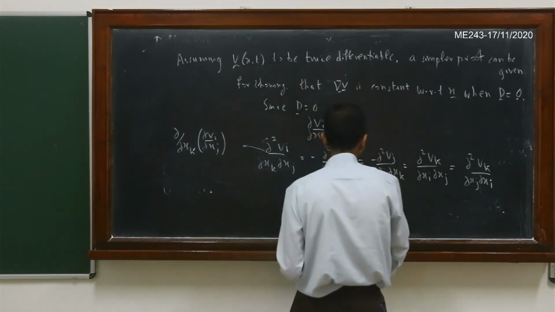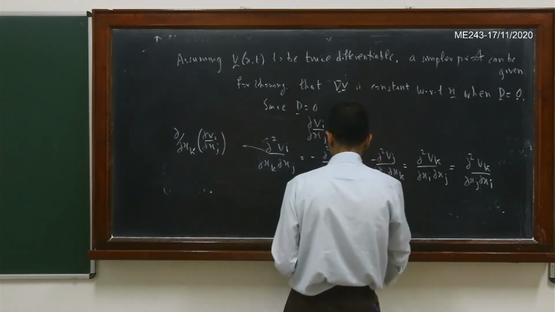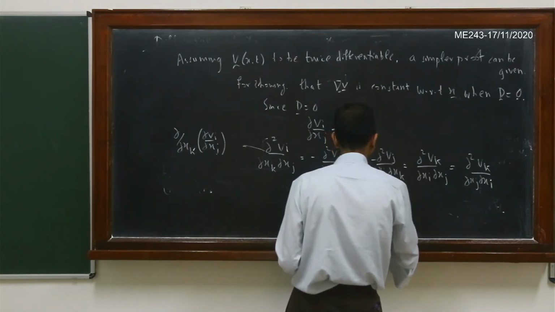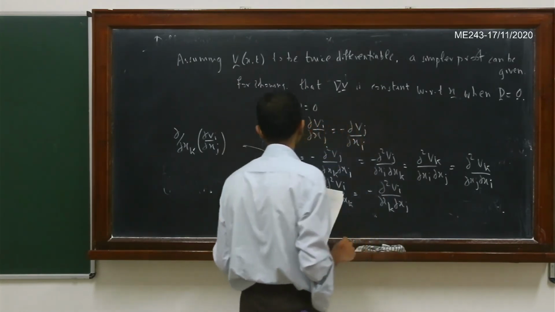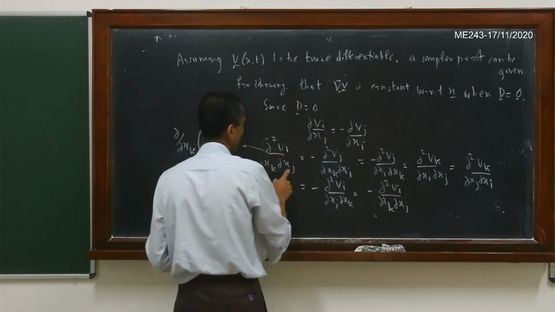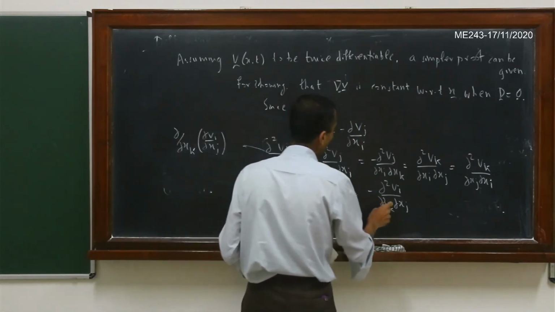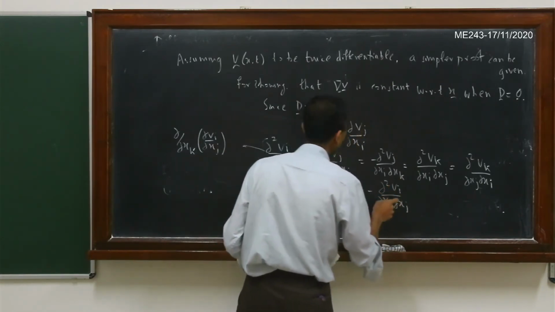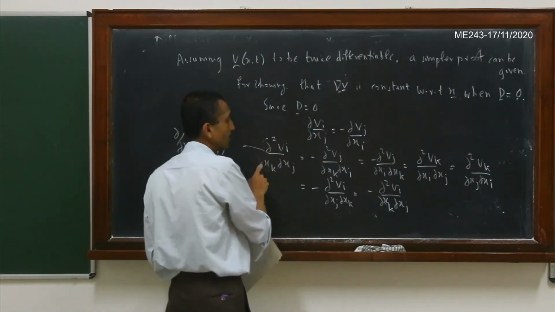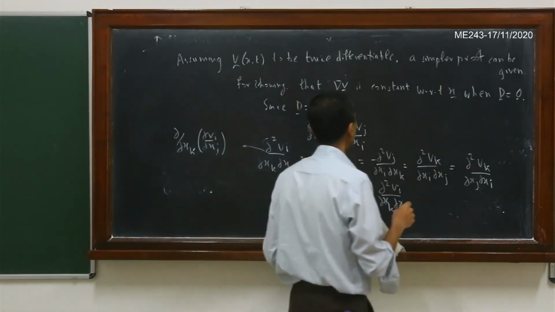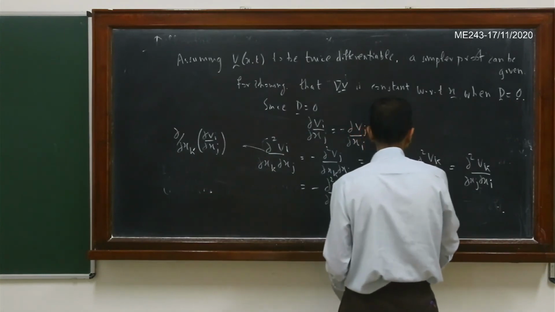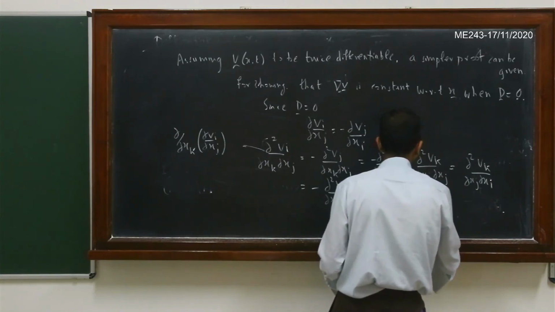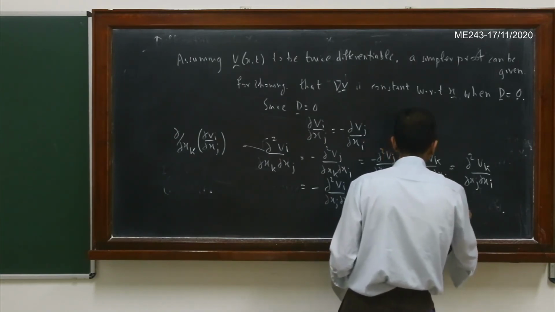So what we have shown is that del square vi by del xk del xj is minus of del square vi by del xk del xj. So basically this object is equal to 0. So this implies that del square vi by del xk del xj is equal to 0.